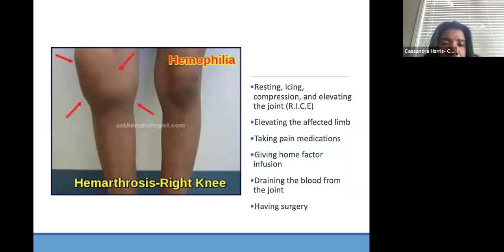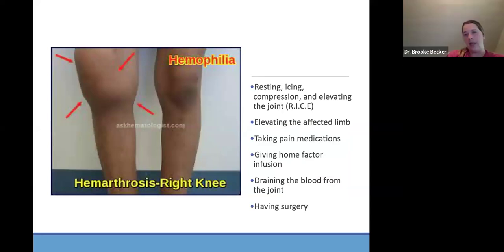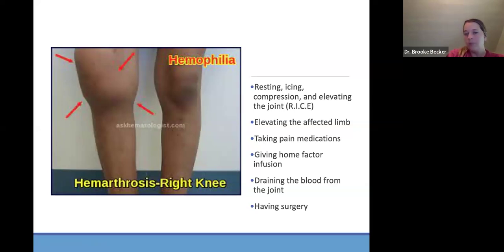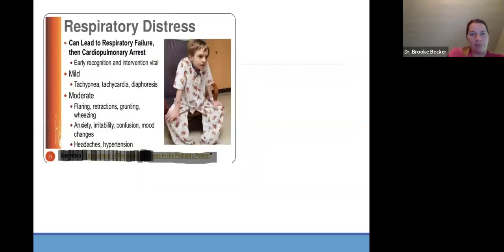Vitamin K. DDAVP is something that parents can give at home for the factor. Okay. RICE is also a part of hemophilia. Okay. But yeah, surgery, draining the joint, potentially giving the factor at home, which is DDAVP in hemophilia's case, and then pain management. Good.